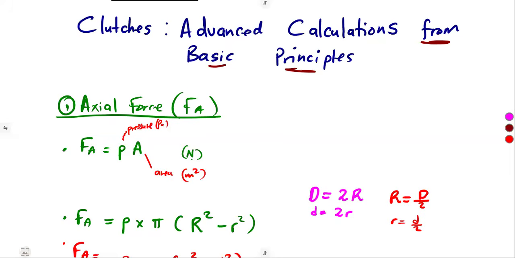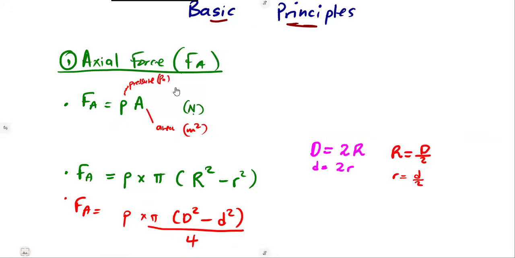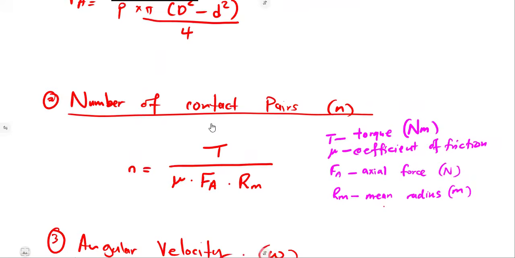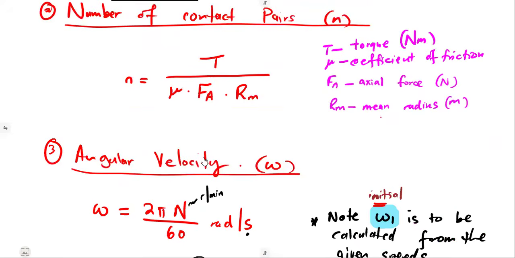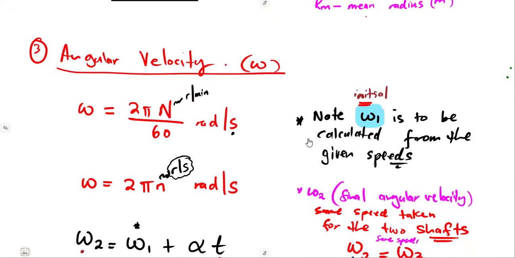So in this case, we are going to continue working with our examples so that we can see how to attempt these typical questions. As I talked about, guys, calculations of the axial force from the diagrams that I was presenting, the number of contact pairs, moving on to the angular velocity, which we said is an important part.